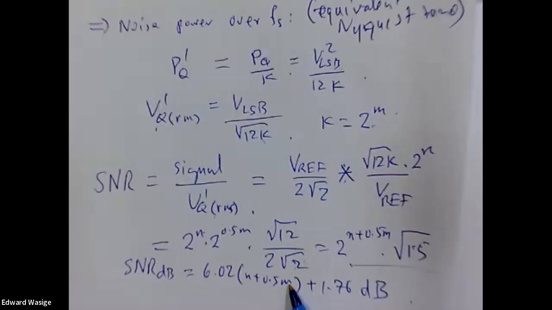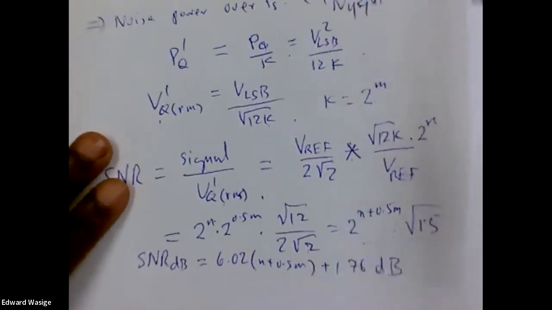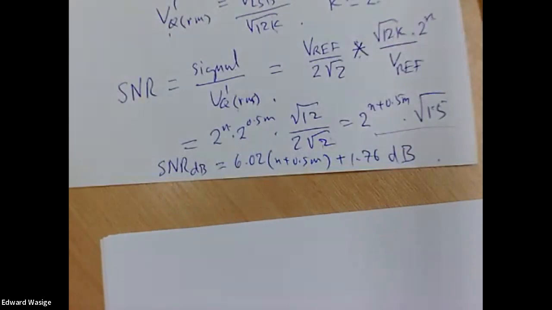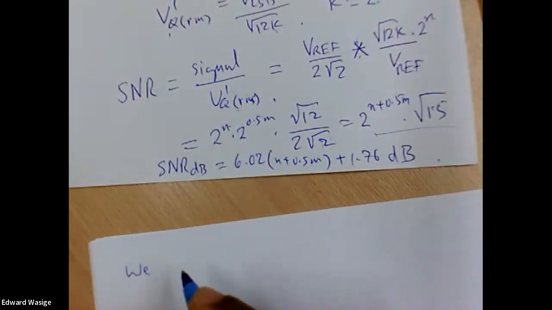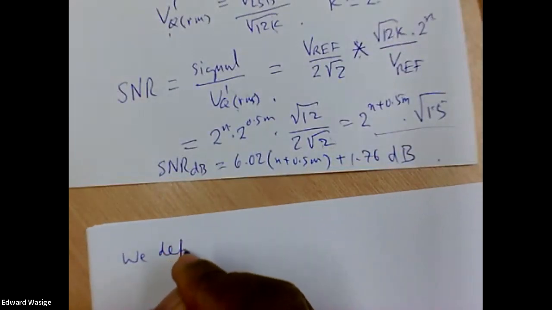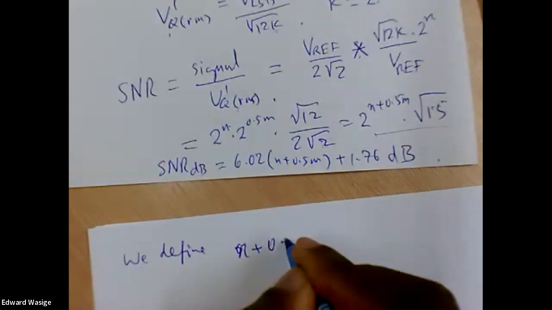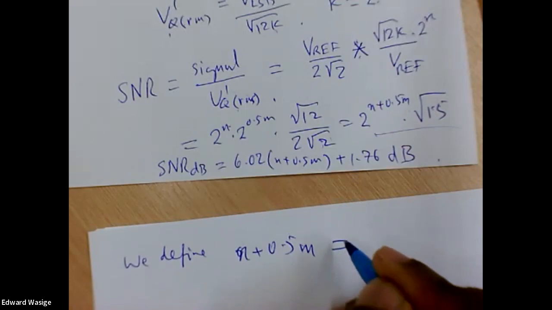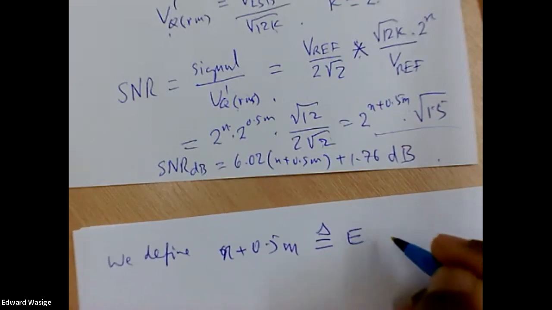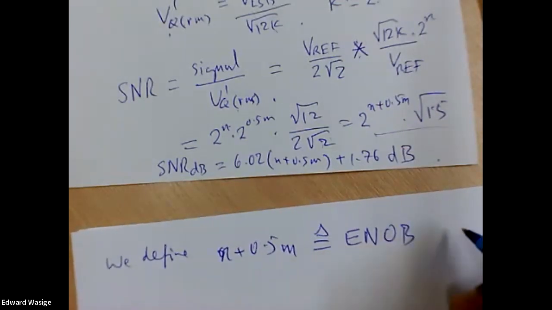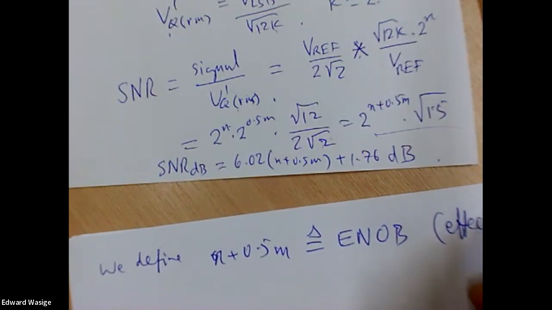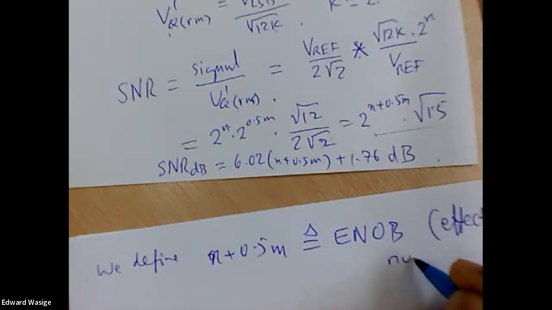If we choose m equal to 4, it corresponds to adding 2 bits to our ADC, because of the effective number of bits. So we define n plus 0.5 m as the effective number of bits.